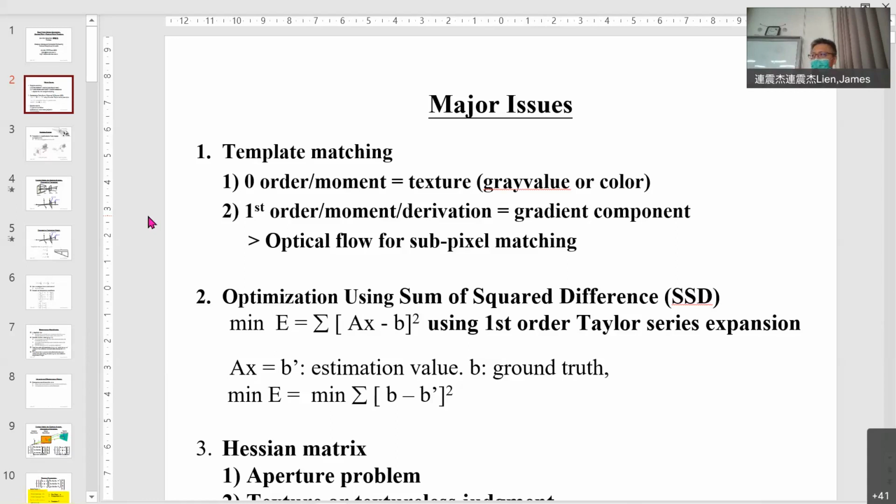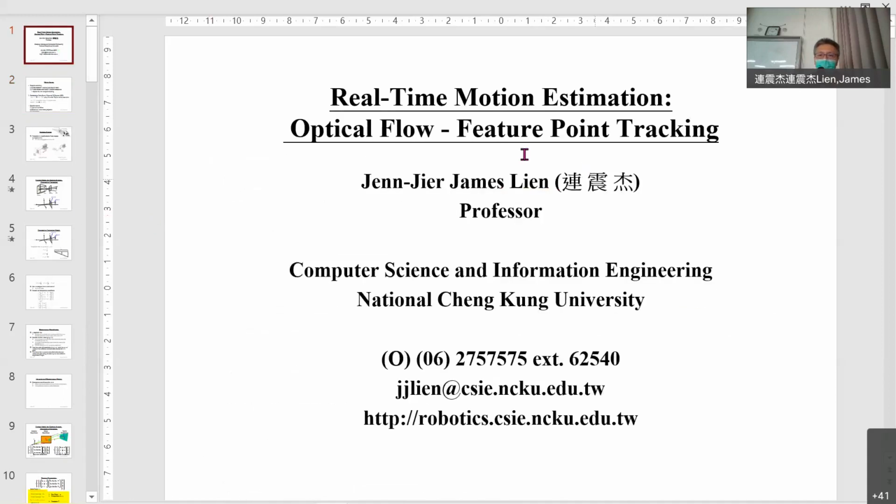The particle filter and the Kalman filter are both competitors. Different methods, but all do prediction. And here I try to teach you one method we call optical flow. This one.